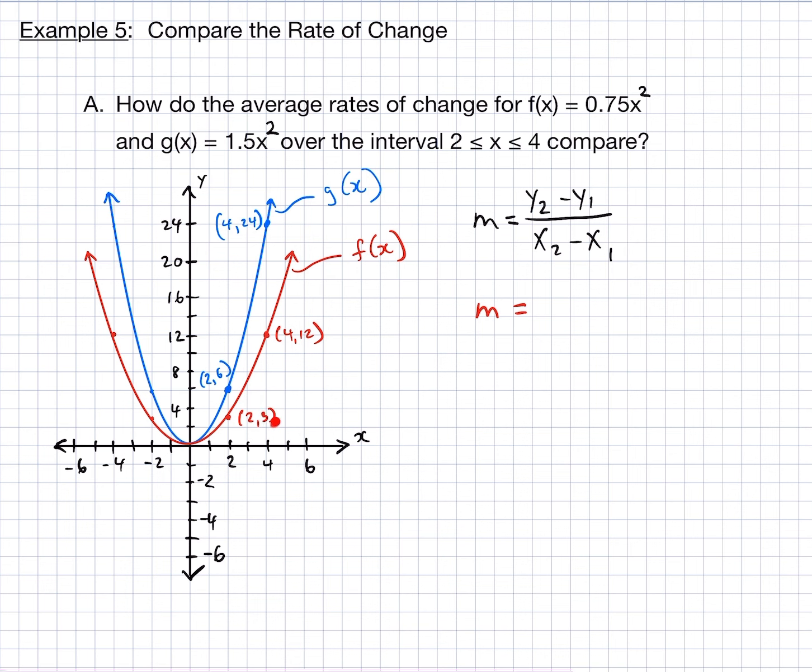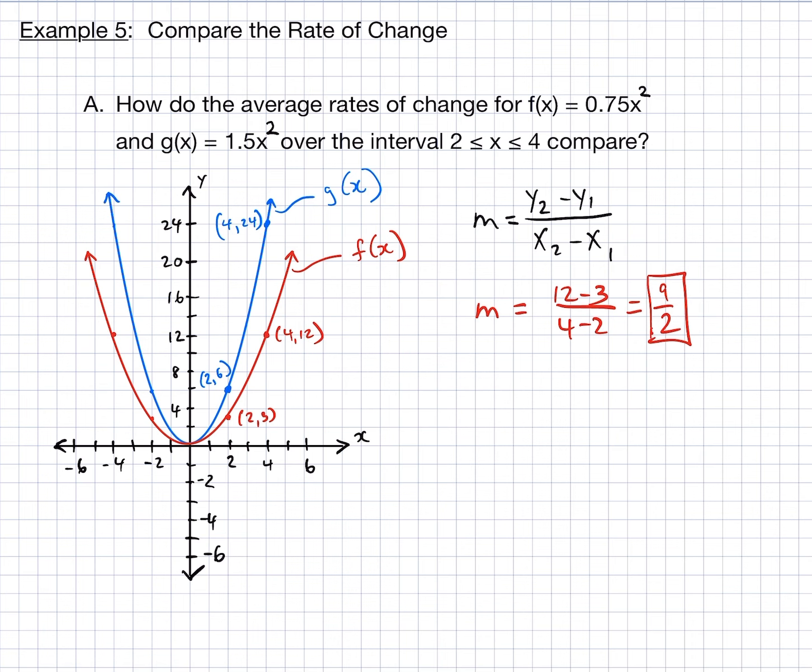And if I choose this as my y1, this needs to be my x1. So we're going to take y2 minus y1, that's going to be 12 minus 3, divided by x2 minus x1, so that's 4 minus 2. And this comes out to 9 over 2. And that is our slope for f of x.